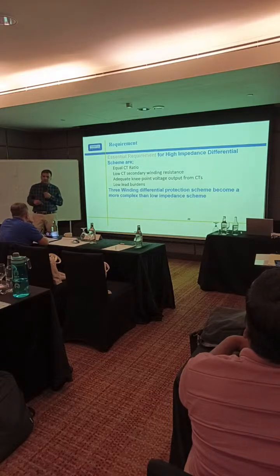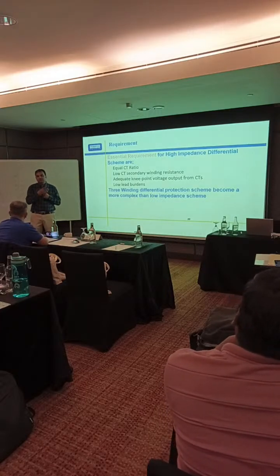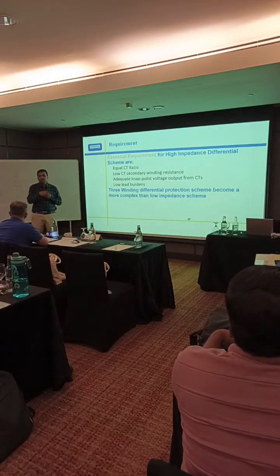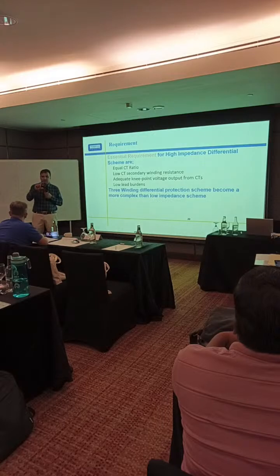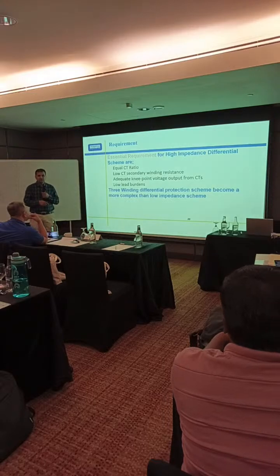If a current is injected, that is why the Metrosil is there to protect it. But still, due to the resistance, there may be a sudden voltage jump, so it may damage the CT if it is not properly coordinated with the requirement.